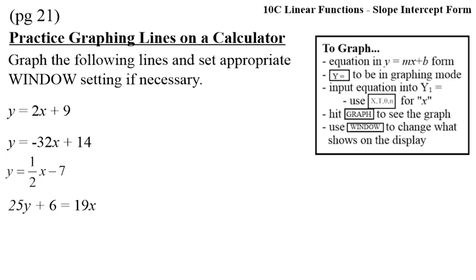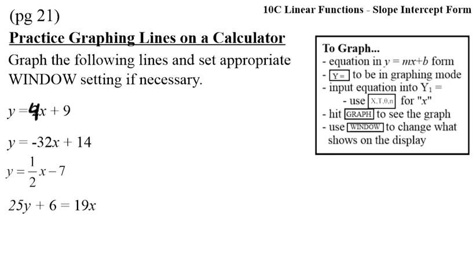So if we take a look, y is equal to 2x plus 9. Should actually be a 4x plus 9. Sorry about that. The very first one is y is equal to 4x plus 9. So I want you just to graph number 1, number 3, number 5, and number 7. Let's see what those look like on the graph.